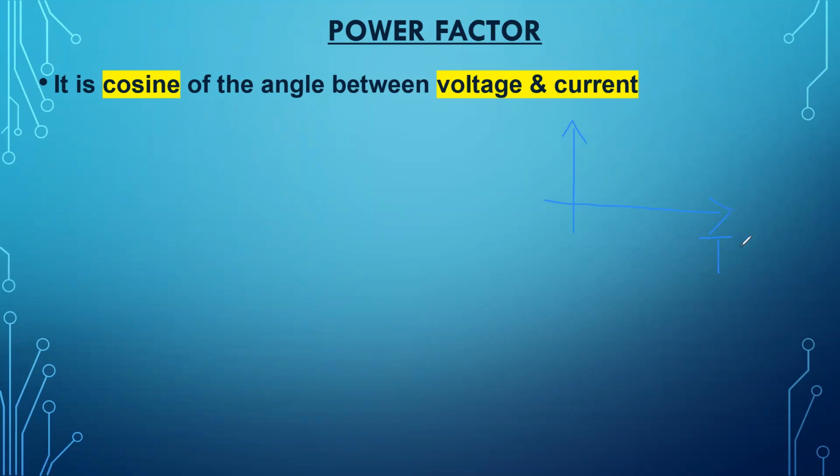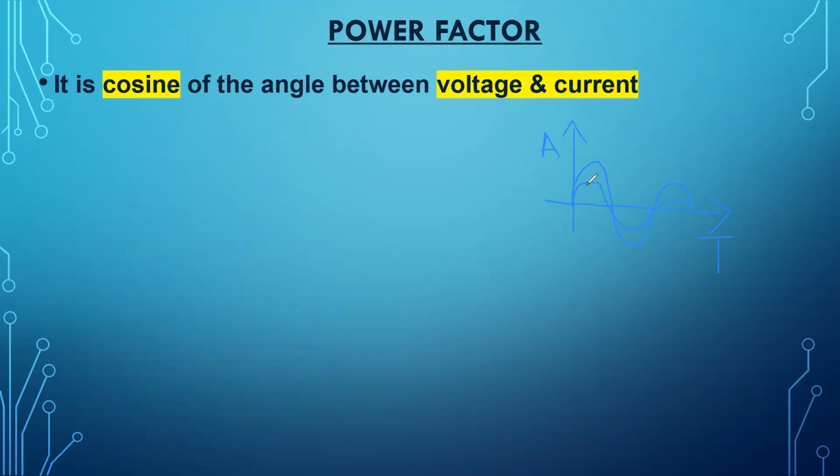Whenever we draw an x-axis and y-axis, we have to label what they are. Suppose this is the voltage curve, a sine wave of voltage, and this is the current curve. This is V and this is I.